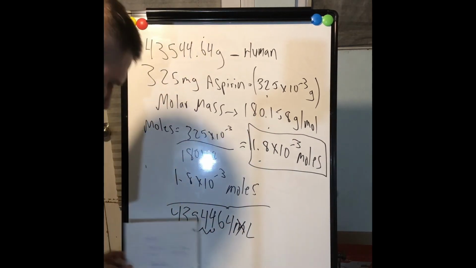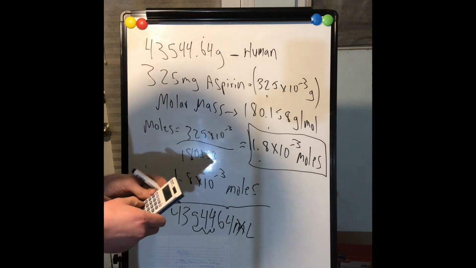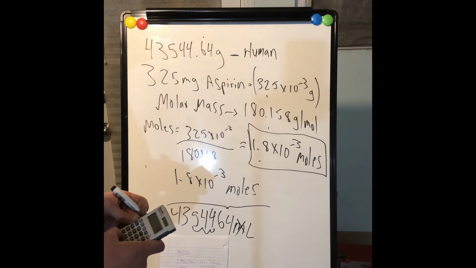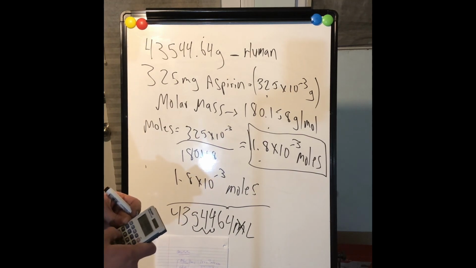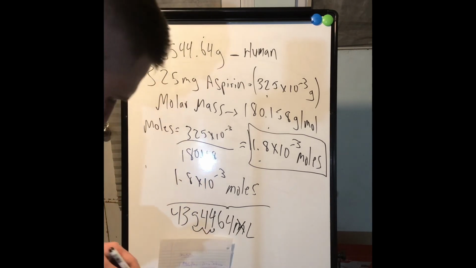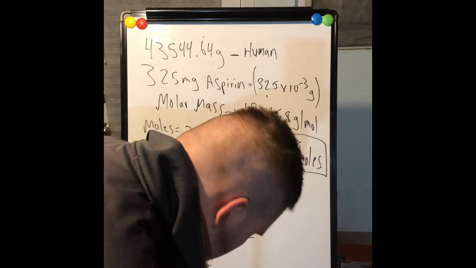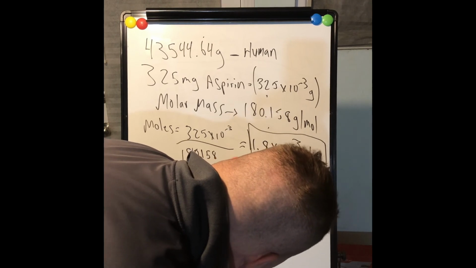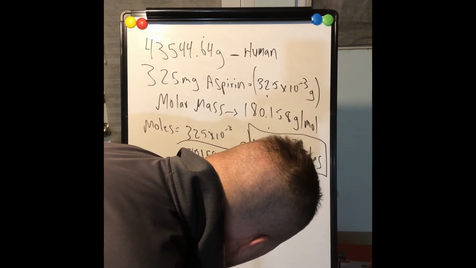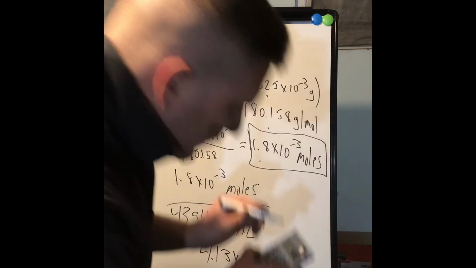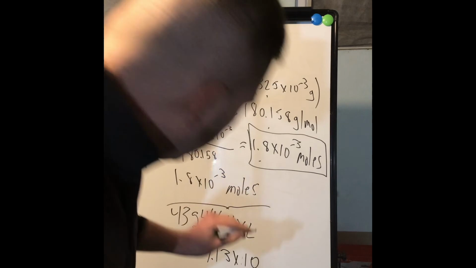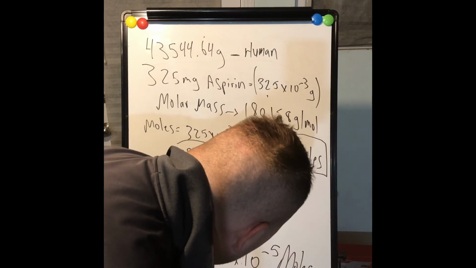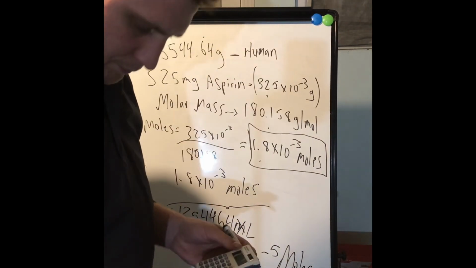And 1.8 divided by 1,000, divided by 43.54464, and we get about 4.13 times 10 to the negative 5 moles per liter. And that's it.